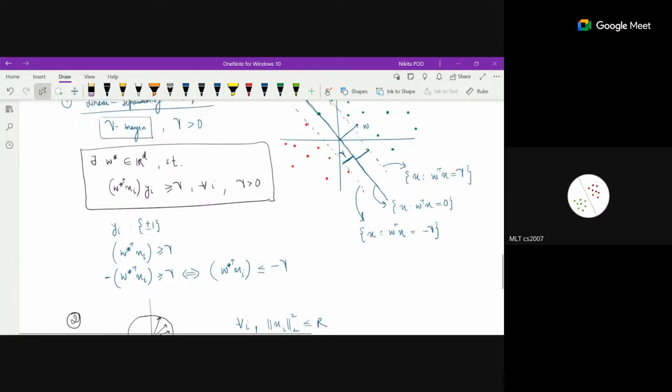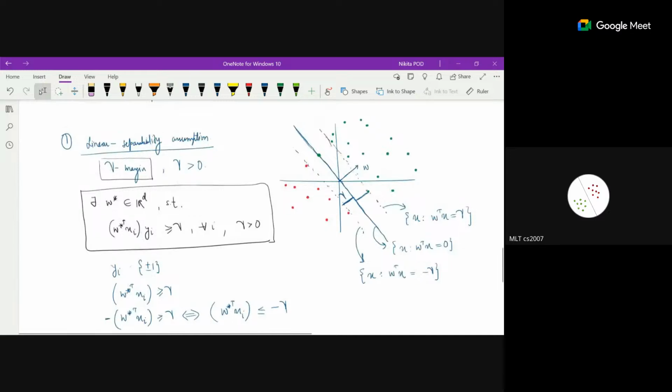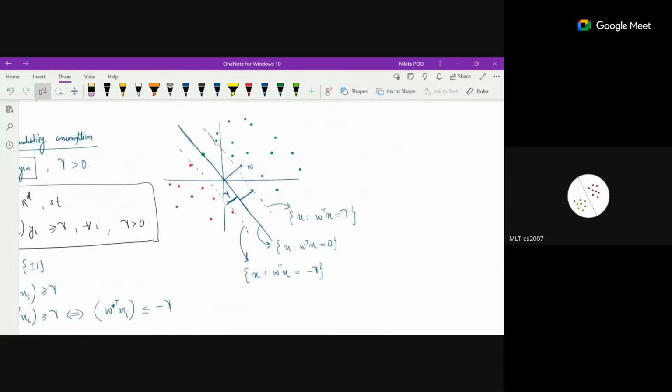Like for example, if we go ahead and solve for this, currently we are just saying that w transpose x is equal to gamma. I can convert this to a unit vector, right?